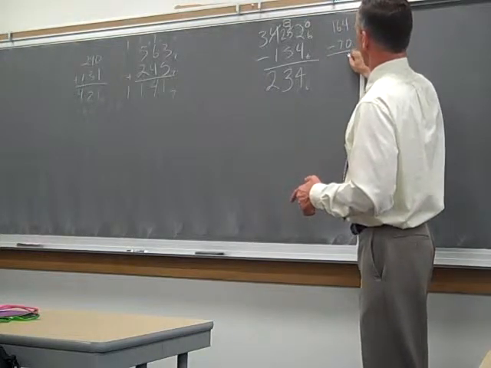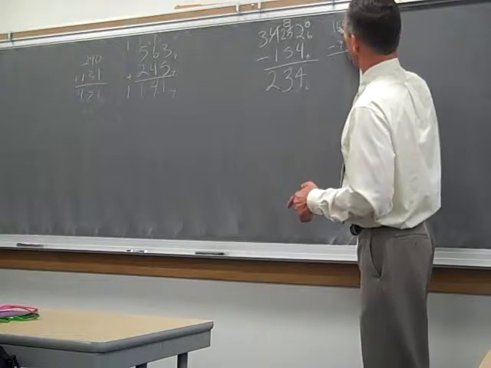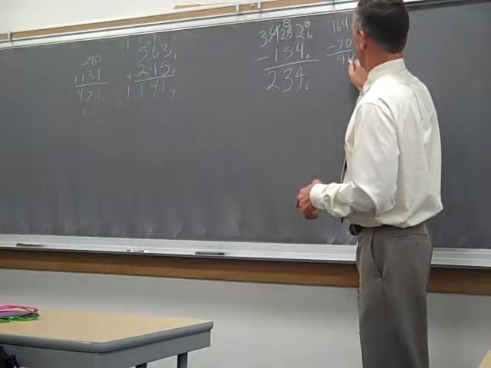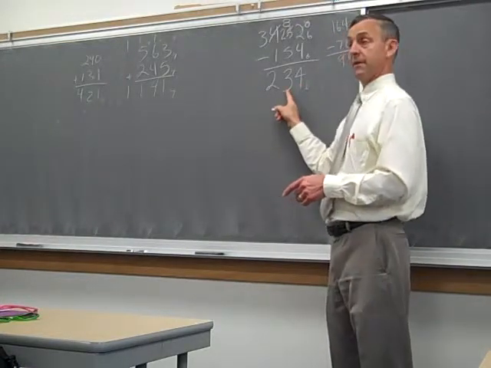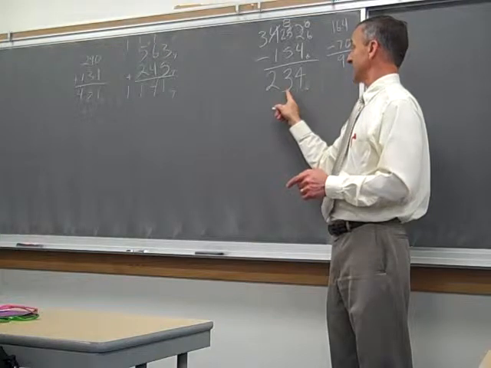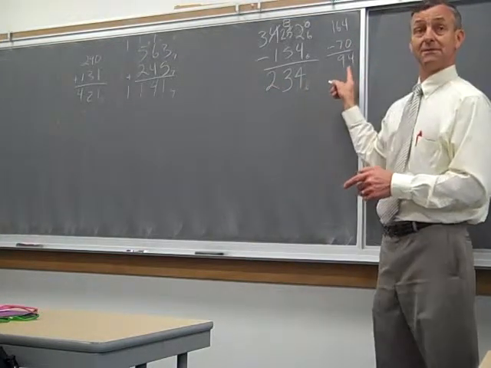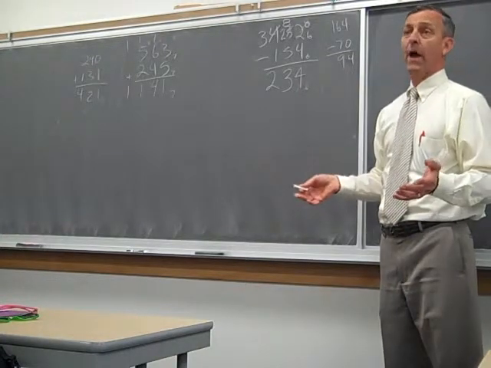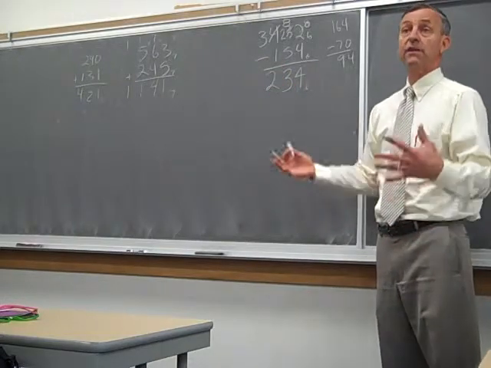Subtract, we get 4 take away 0 is 4, 16 take away 7 is 9, 94 is the answer. Let's see if it is. 4 plus 3 times 6 plus 2 times 6 squared is 94. So you can walk out of the test saying, I know I got that subtraction and that addition problem right because I checked it.